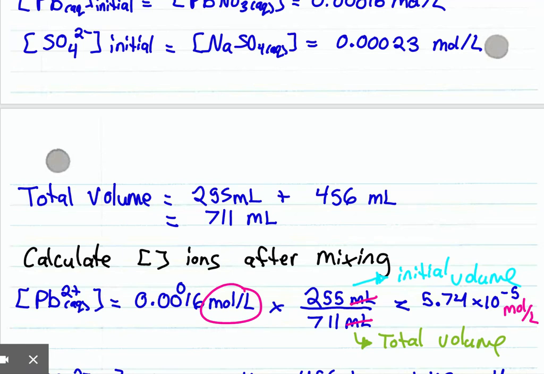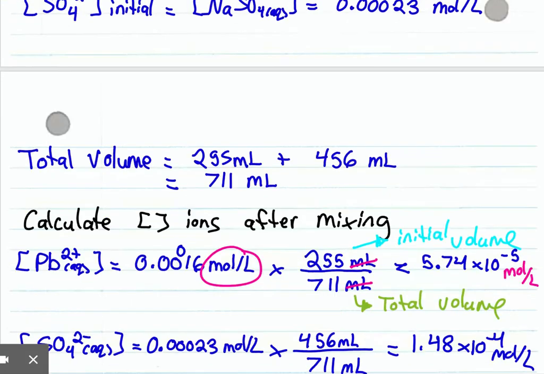So the initial volume of lead solution that you started with is 255 mils, and then our total volume is 711 mils, and then you just do the math. Now, you don't have to convert the units to liters, because when you put a milliliter divided by a milliliter, these two units cancel each other out. We end up with a concentration of lead after mixing of 5.74 times 10 to the negative 5.